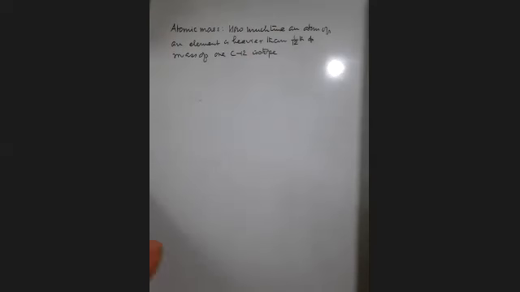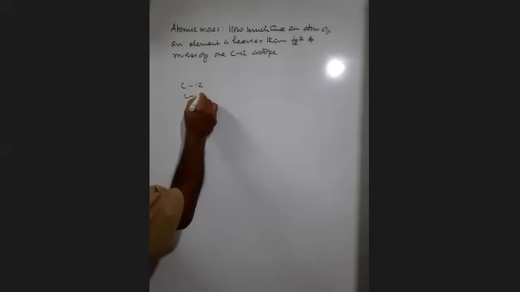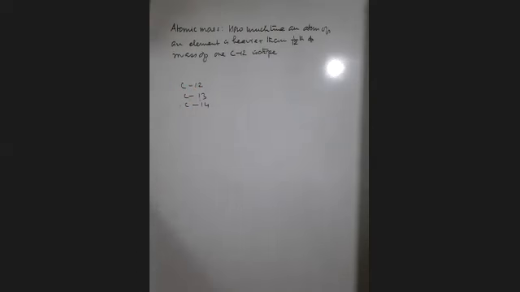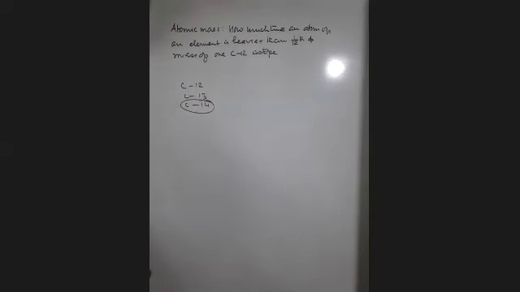Now, carbon also has 3 isotopes: carbon 12, carbon 13, and carbon 14. But we are a little bit safe, you know why? Out of 1,000 atoms of carbon, only 1 atom is carbon 14.